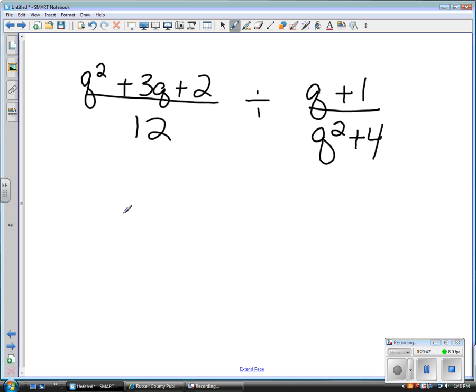This one does not break down. Most of you will want to put Q minus 2 and Q plus 2. It will cancel the middle terms out, but what do your last terms give? Negative 2 times a positive 2 will give you a negative 4. So just to let you know that, okay?